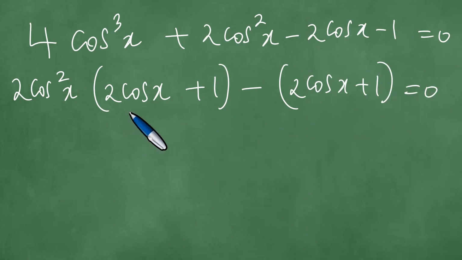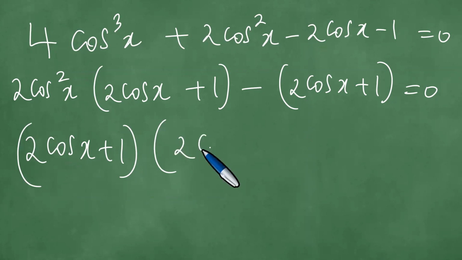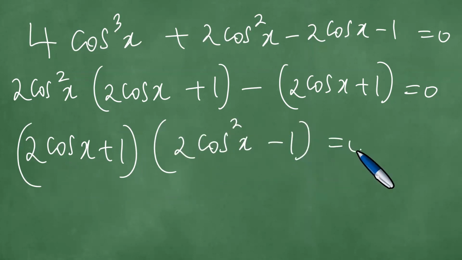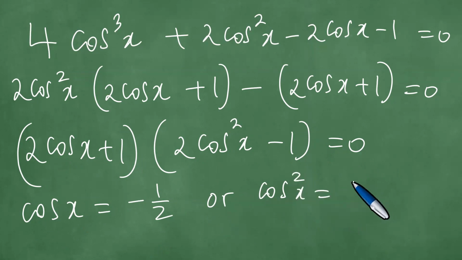So 2 cosine x plus 1 is a common factor, and we have 2 cosine x plus 1 times 2 cosine squared x minus 1 equals 0. And now we have cosine x equals minus 1/2, or cosine squared x equals 1/2.